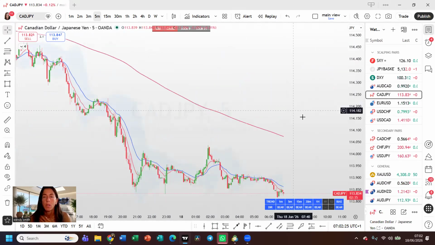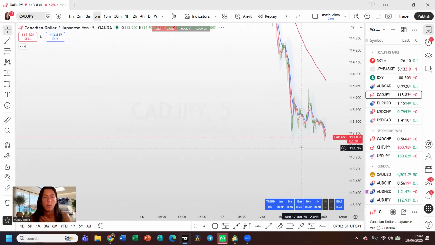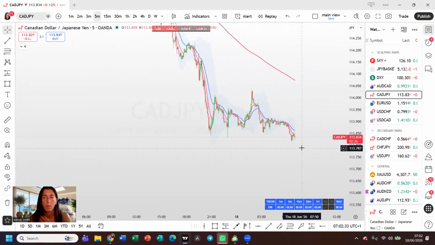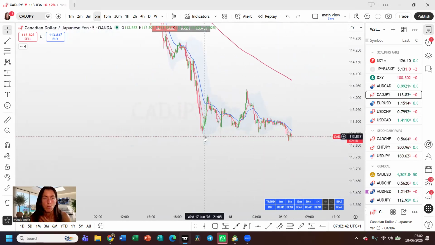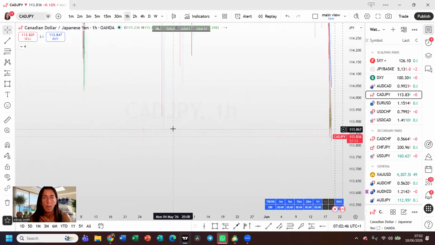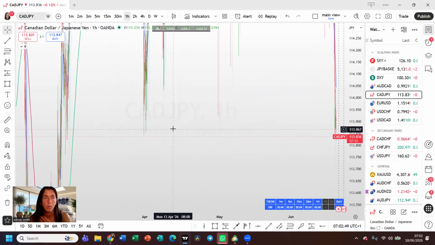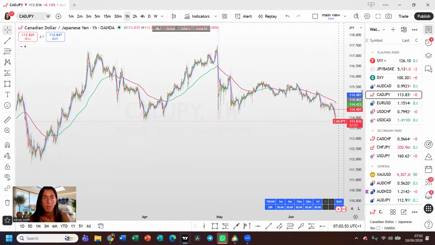Let's go CAD JPY. What's this doing? Same sort of thing, really, isn't it? Everything's a bit anchored up at the minute. What's this done? It's had a breach and a cross, and then it's gone into consolidation. Let me just see where this is in perspective, if it's coming down or going up.